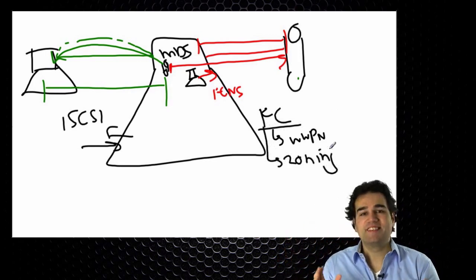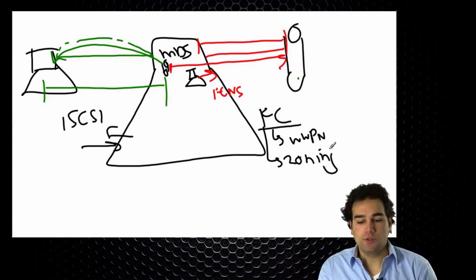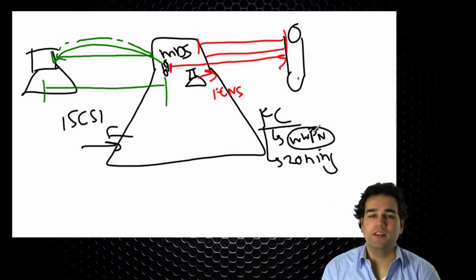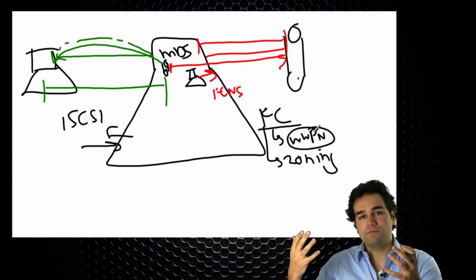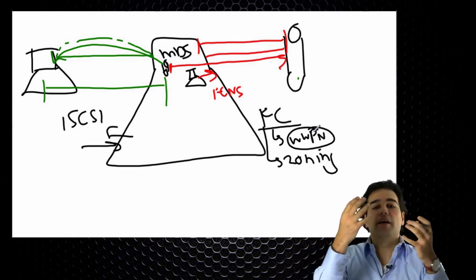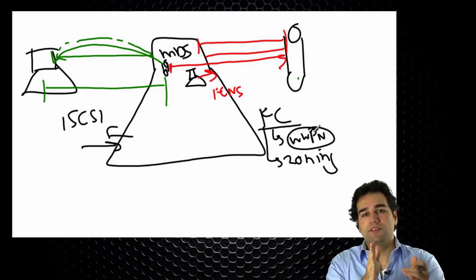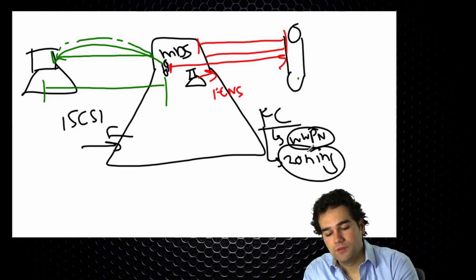So zoning is still in place when doing this. It's not that it automatically has access to it. So I need to tell the zone, for example, that this virtual WWPN that I allocate has access to the WWPN of the disk. And vice versa for my iSCSI configuration, this IQN can access this IQN. This initiator and this target IQN, these two can match. So zoning is very important.